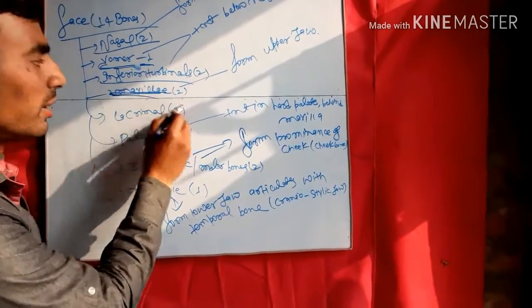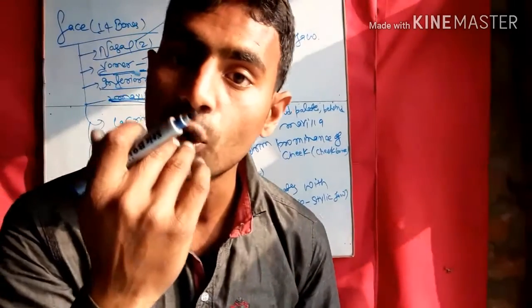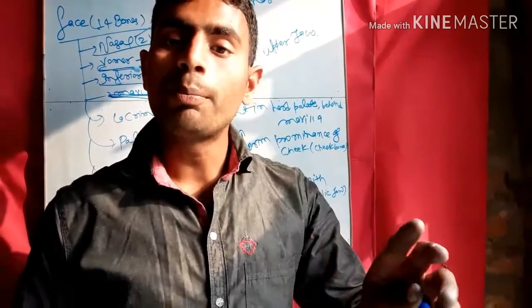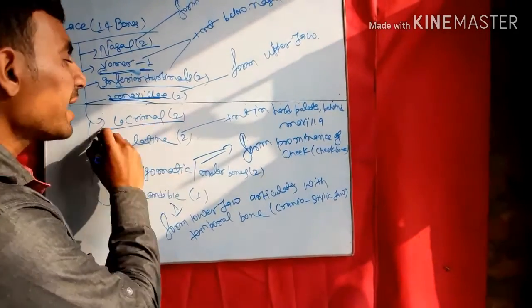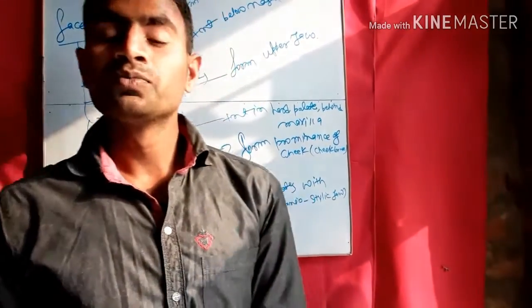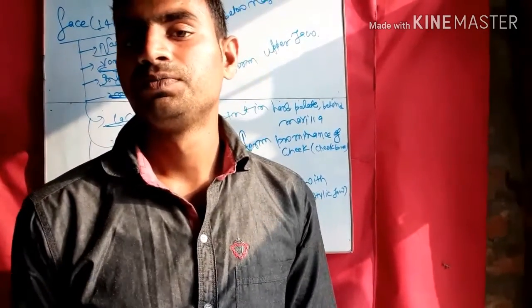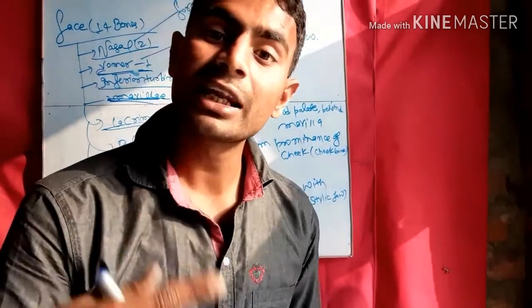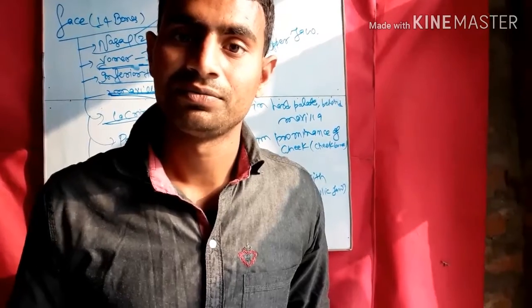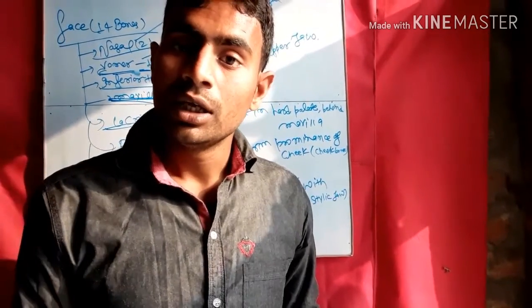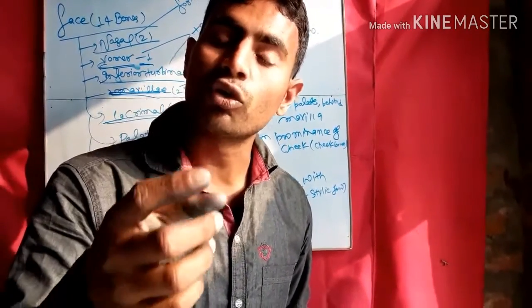Maxilla. Maxilla forms the upper jaw and is formed by 2 bones. Lacrimal: the lacrimal gland secretes tears from the eyes when you weep.